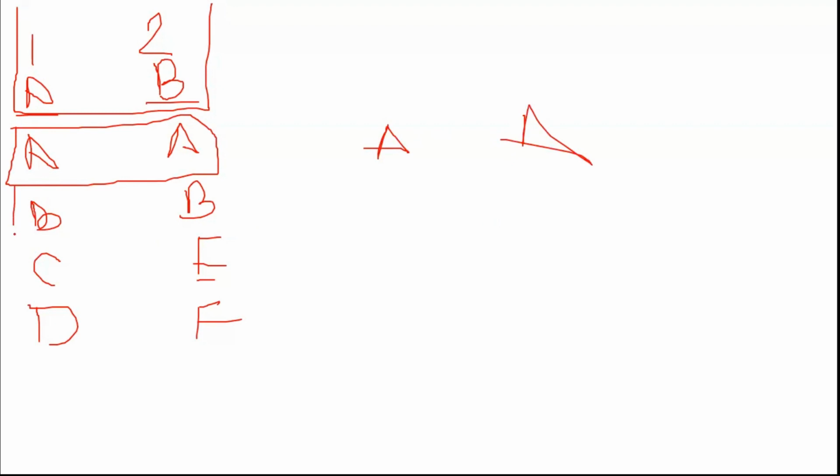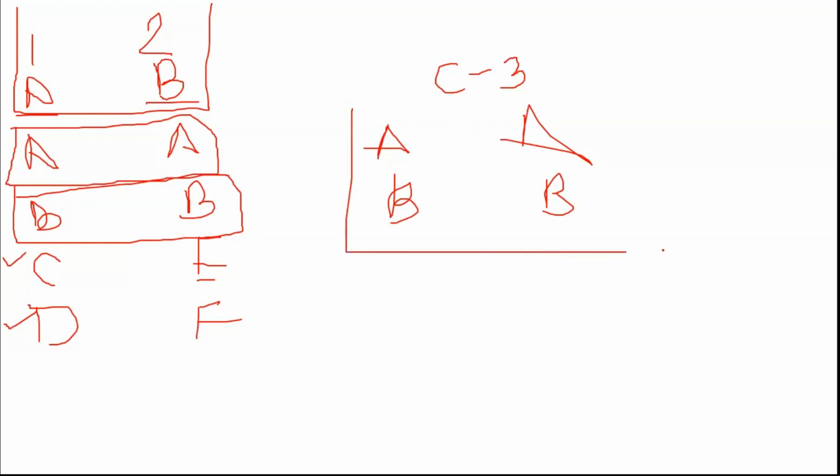Then the second thing, B again, is common. It will check the third one, which is not common, and the fourth one, which is not common. So this is table number C, or table number 3, after the result. It contains only this many values. This is how an inner join works.